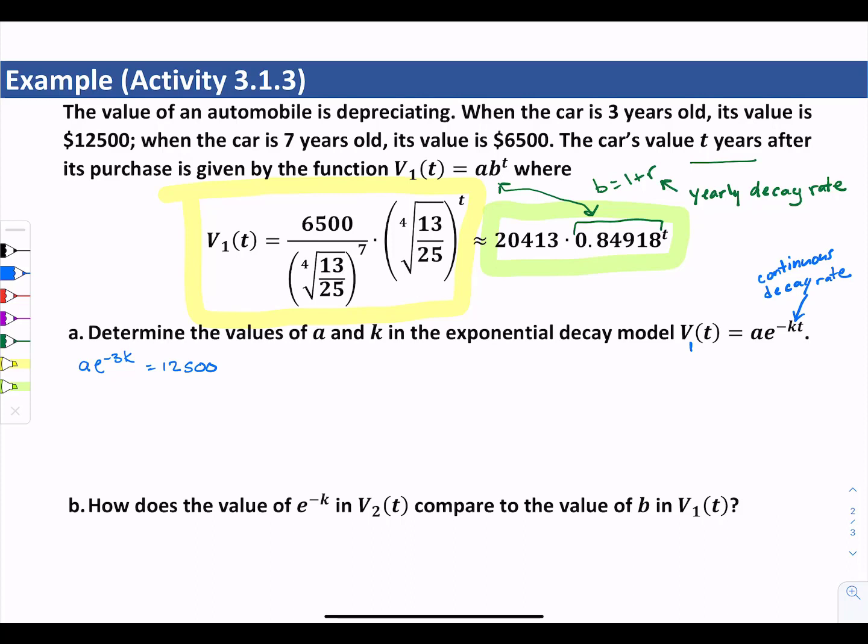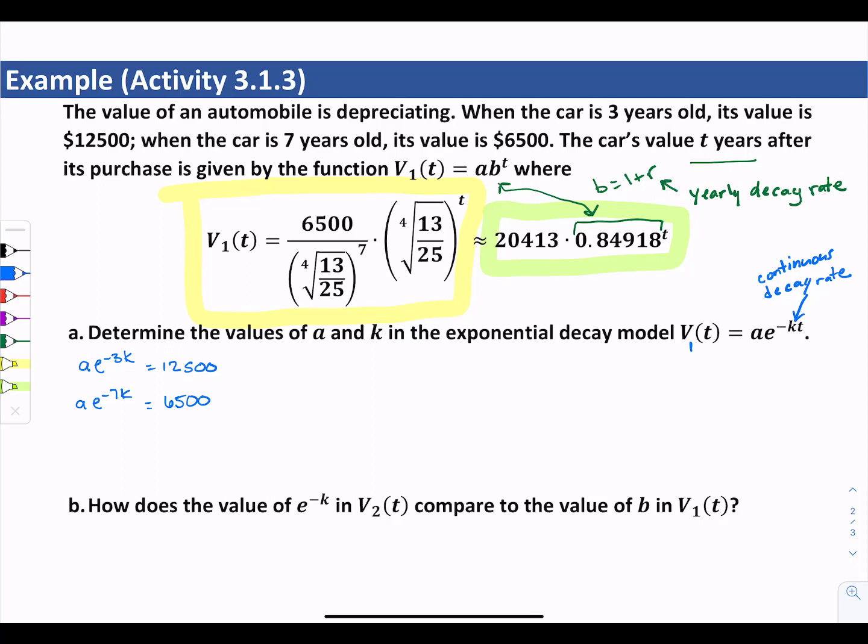And then we can substitute 7 in for t, ae to the negative 7k, and at 7 years, the value of the car is $6,500.